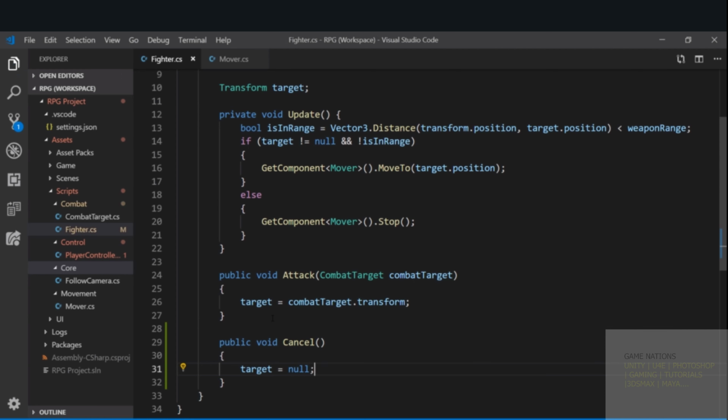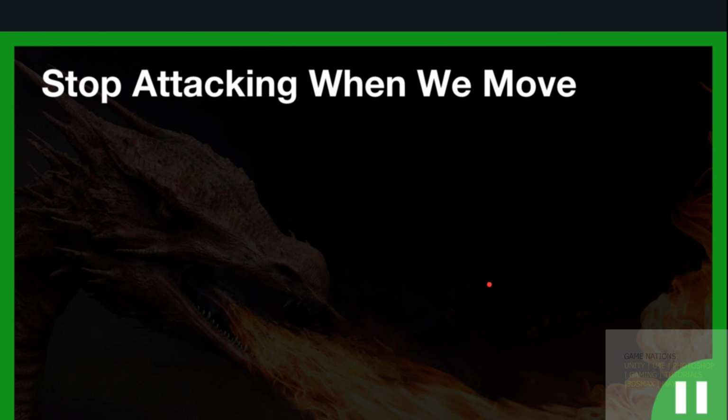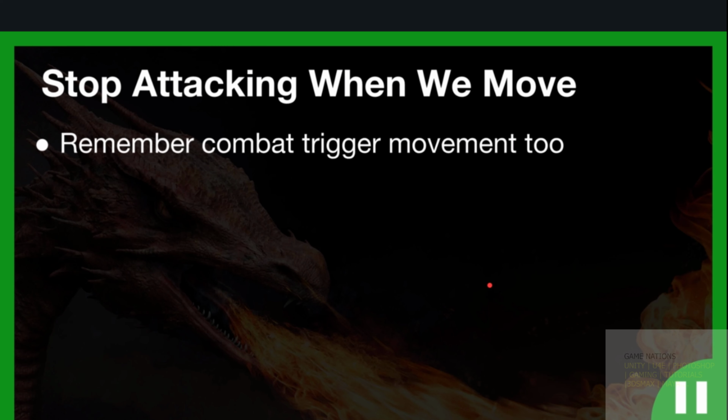Now, I'm going to leave that as a challenge to you to see if you can figure out how to get it to stop attacking when we move. So remember that combat triggers movement as well. So I suggest you do this from the movement script. The movement script cancels the combat when you start moving. But remember that combat also calls on the movement script.